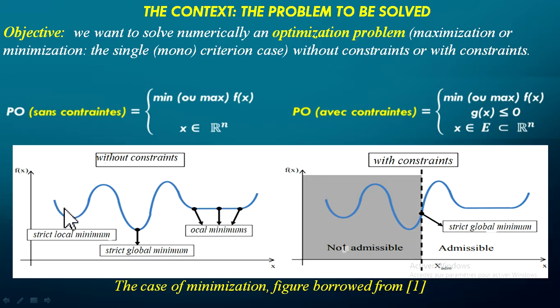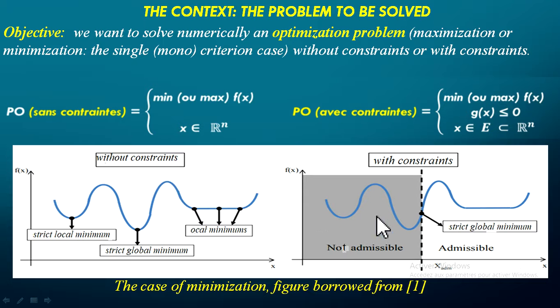In this illustration, we have a strict local minimum at this point, or this point represents the strict global minimum, and these points are local minimums.